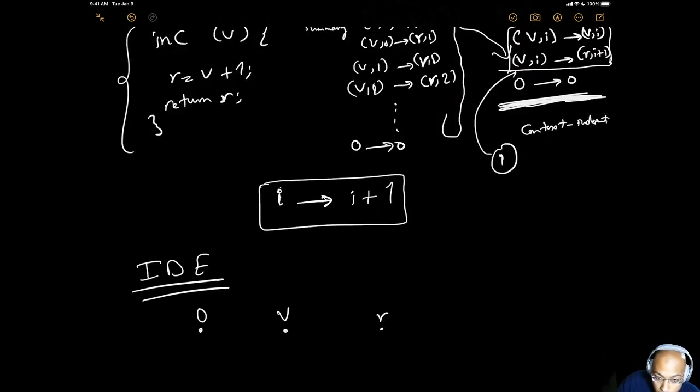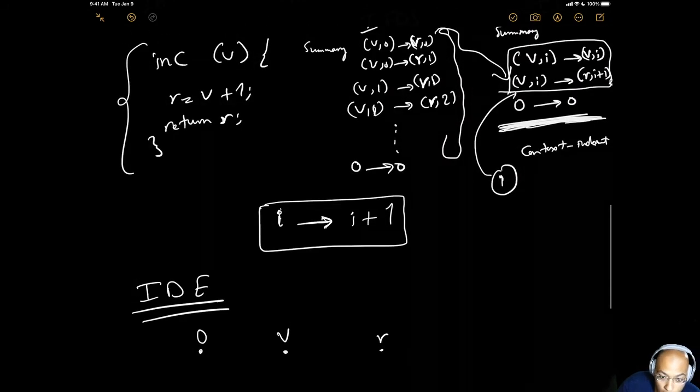So let's move forward with that definition and see how we can get this done on the same example here. Let's annotate the exploded supergraph. Here we have 0, that's a tautological fact. Here we have V, and here we have R. 0 is mapped to 0, no problem. V of I is mapped to V of I, again no problem.